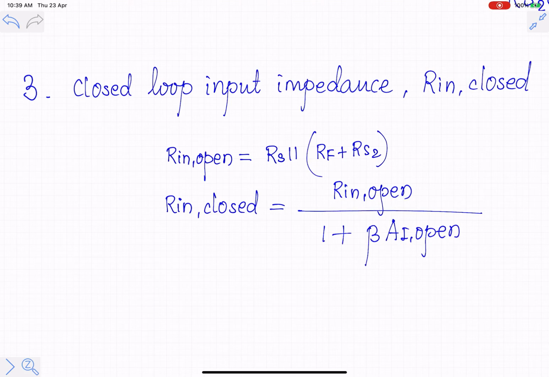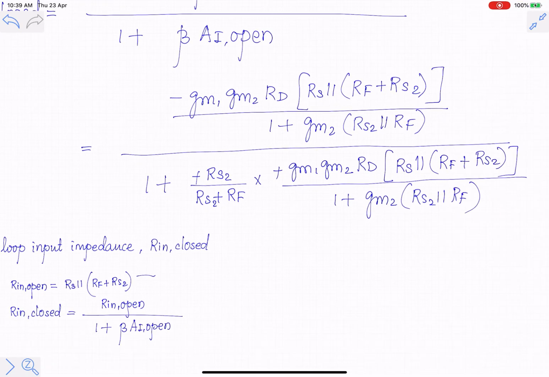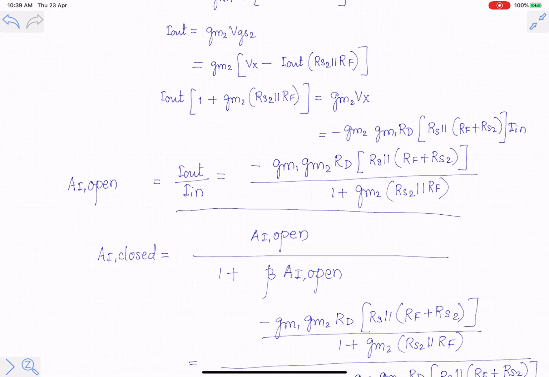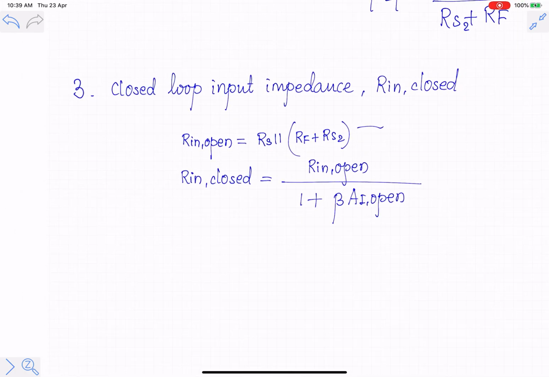I will not do it. Rin open is given here, beta is calculated previously, which is equal to minus RS2 divided by RS2 plus RF, and AI open is a negative quantity which has been explained here. AI open can be substituted here to get the value of R in closed.